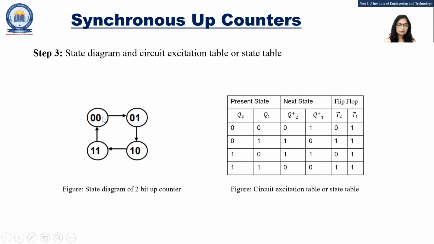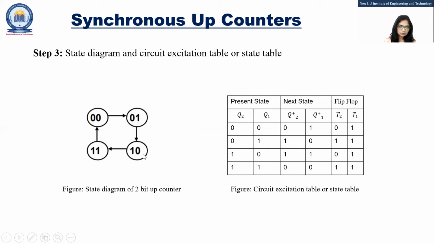In an up counter, counting starts from the lower number: in 2 bits, 00, 01, 10, 11. As we discussed in the asynchronous counter, the counter restarts after the last state. This is the last state, 11, and then it restarts from 00.